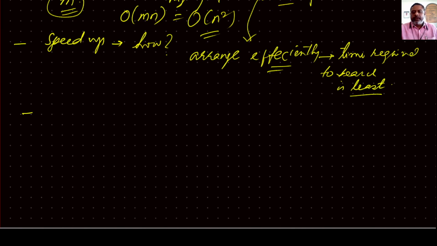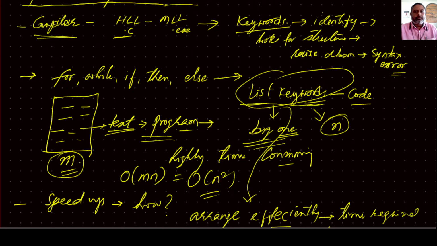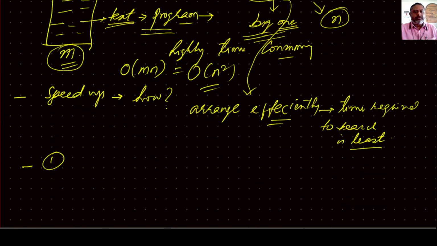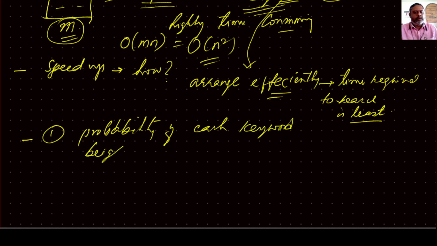The problem is, one, that the list of keywords is large. Second thing is the probability of each keyword being used is different for each keyword.